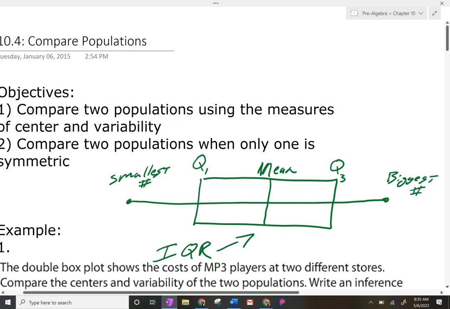And I'll give you one thing to confuse you a little bit. If you have an outlier, we don't really consider that part of our data. But for right now, I'm not going to really worry about outliers. If you see a box and whisker with a pimple, that's what we'll call it, that's going to be an outlier.